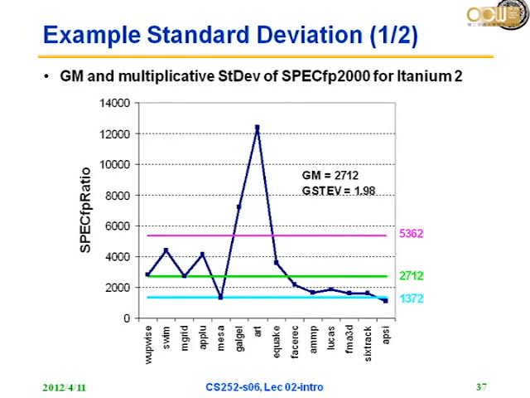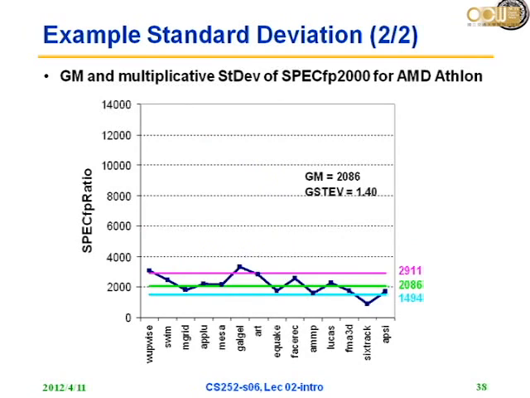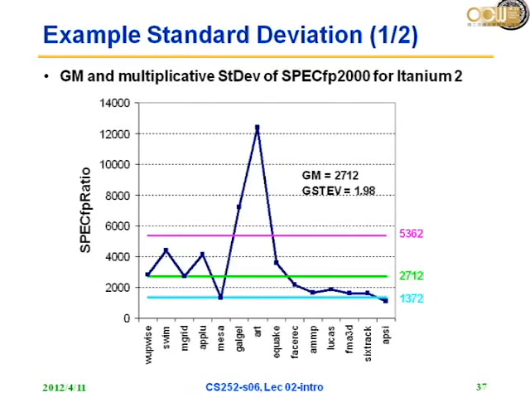Okay, so Itanium 2 is a 64-bit machine. Also, the AMD Athlon can run in 64-bit mode or 32-bit mode. For different floating point benchmarks, this machine has this performance.